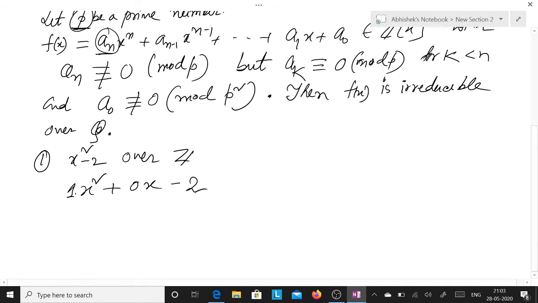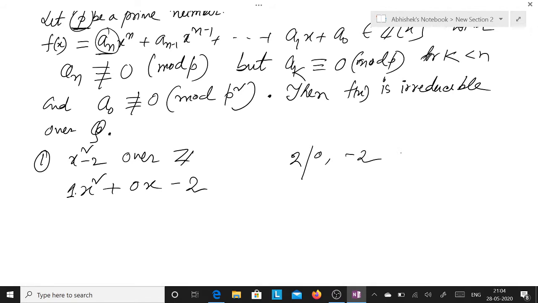If you apply the division process, you will find that these two coefficients can be divided by the prime number 2, because 2 can divide 0 and -2 both, and 2 is a prime.